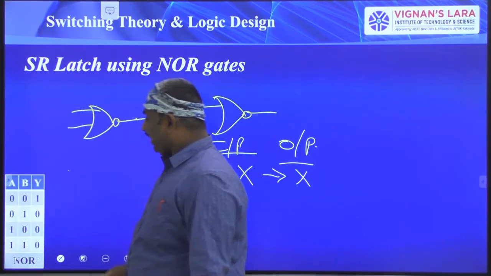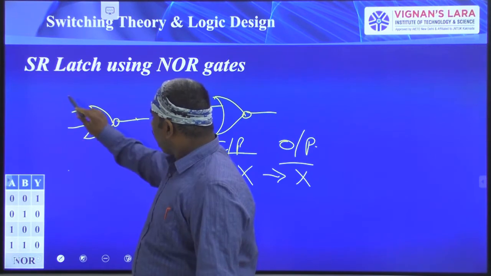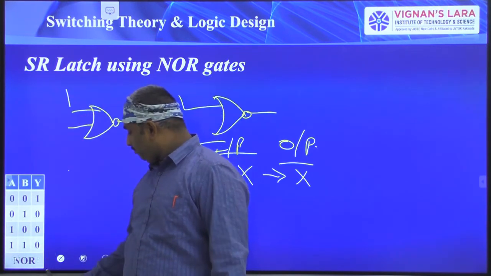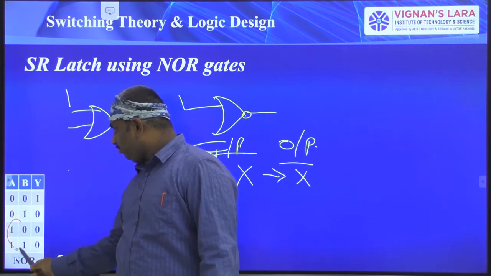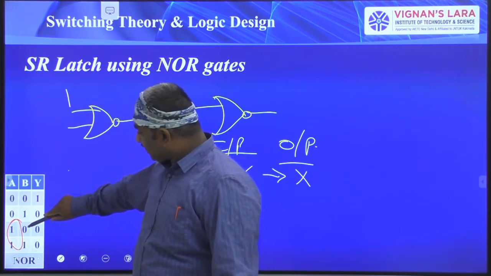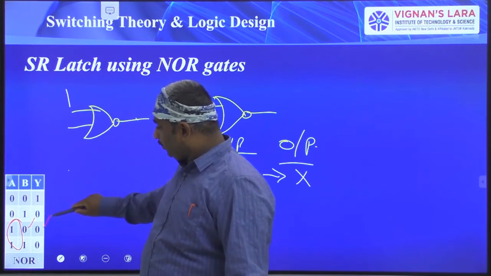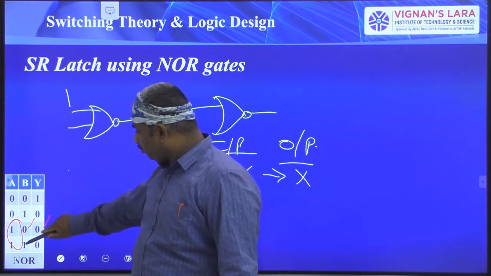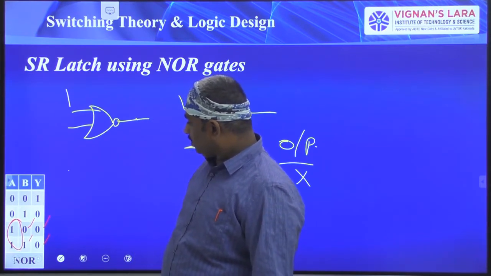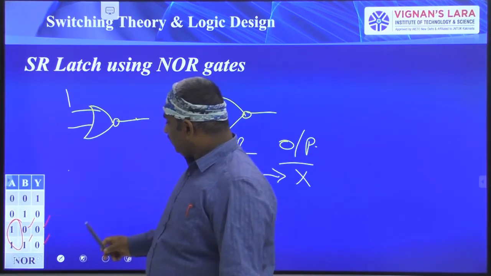Now I am taking one more combination. Here one of the inputs is 1. Now coming to the second input: if the second input is 0, the output is 0. If the second input is 1, the output is 0.